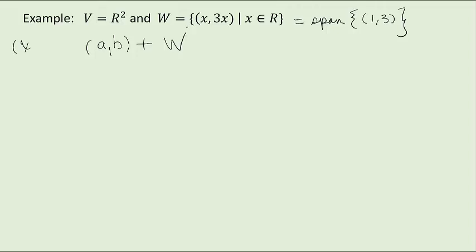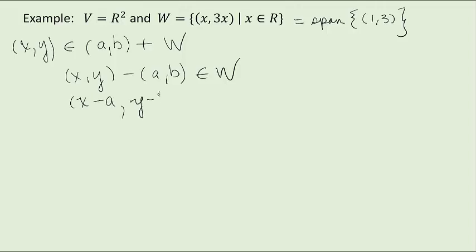Well, let's just take (x, y) and say it is in the coset (a, b) plus W. Well, that would mean that (x, y) minus (a, b) is in W, or (x minus a, y minus b) is in W, which would mean that y minus b is equal to 3 times x minus a.